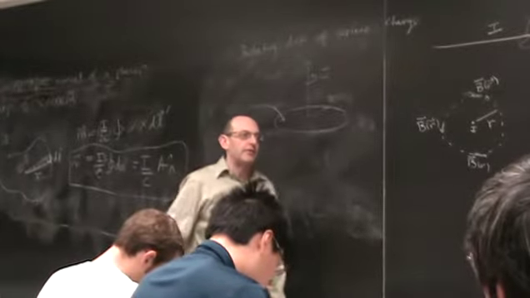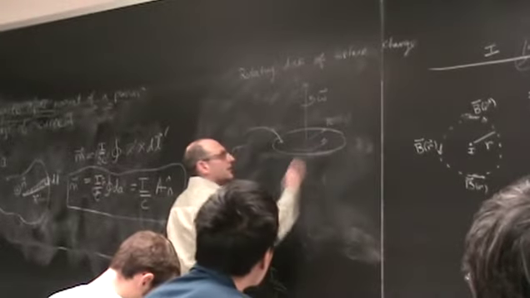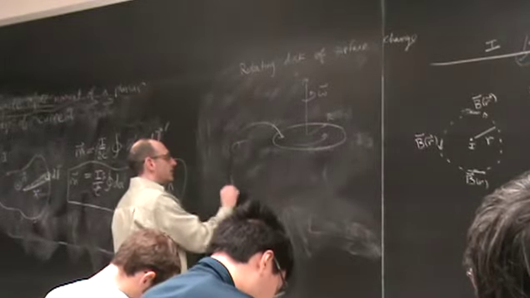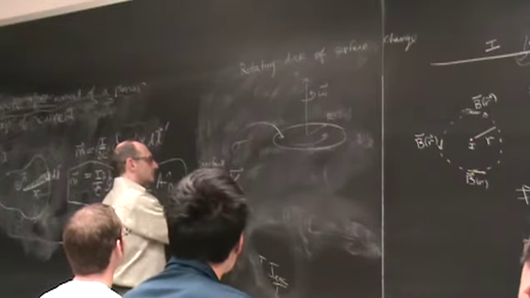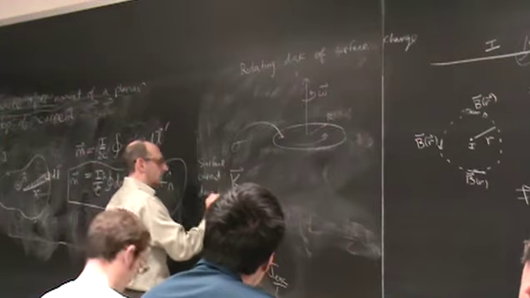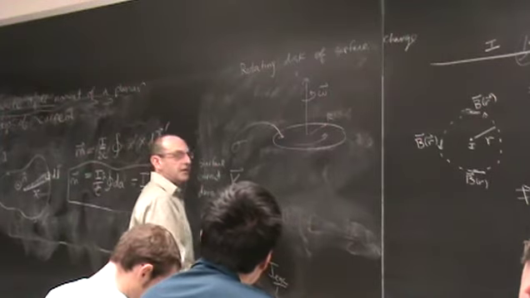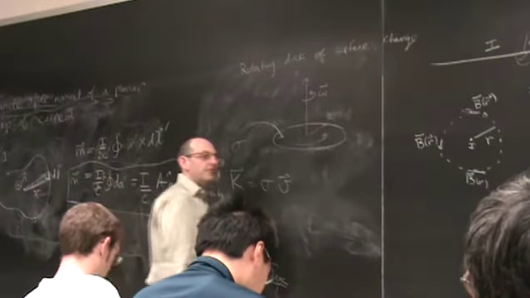And I want to know, what is the magnetic dipole moment associated with this surface current, which is flowing around here? So there is a surface current density, which is flowing around here, depending on the local velocity.